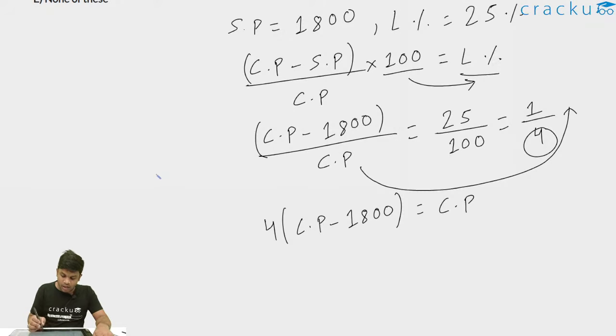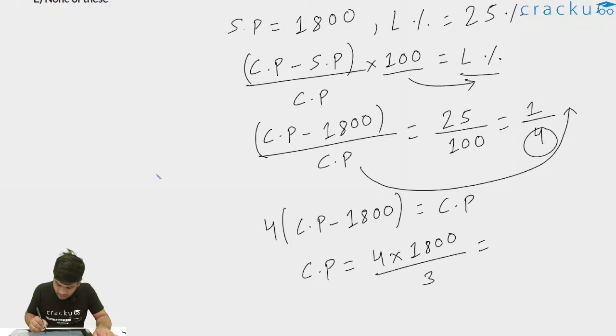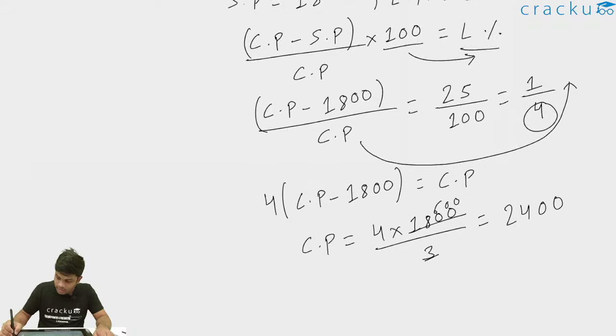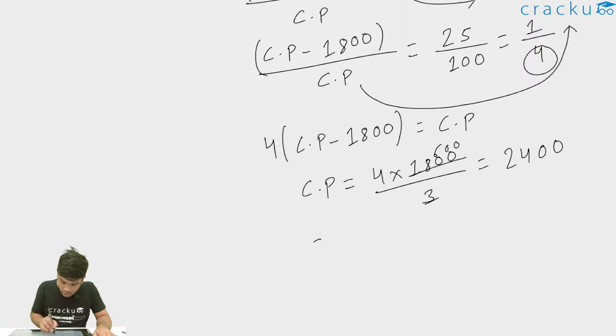Now if we calculate it and open the brackets, you will get cost price equal to 4 into 1800 divided by 3. 1800 and 3 will cancel out to 600, and you will get 2400. So the actual cost price is 2400.